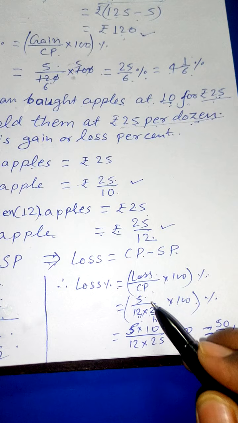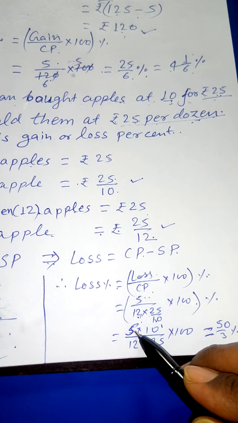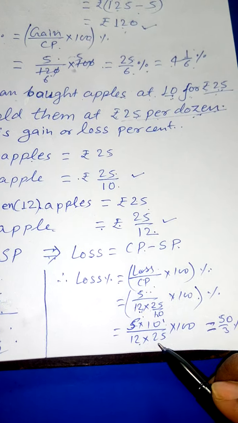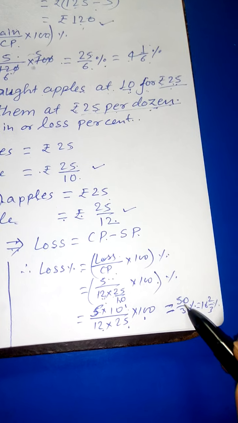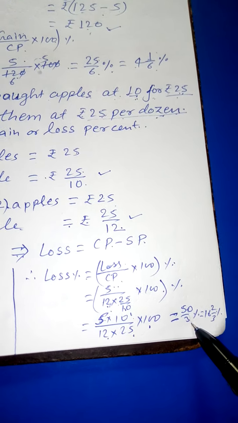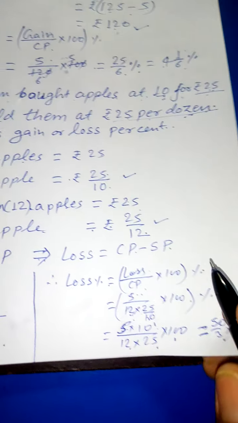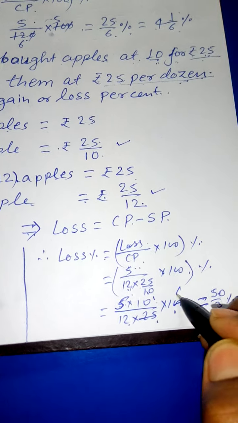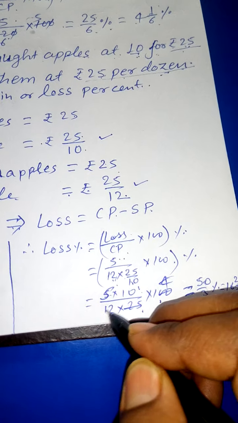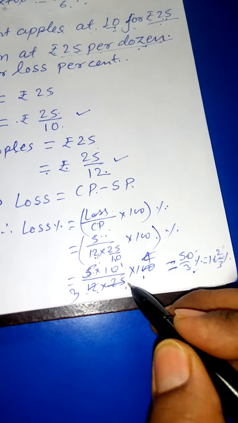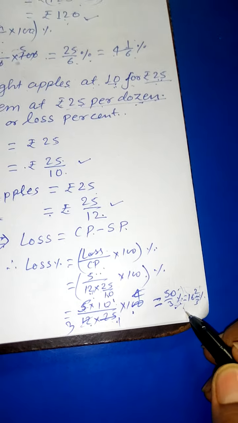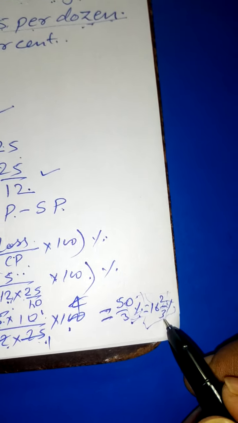This 10 is divided, so it is multiplied in the numerator: 5 into 10 by 12 into 25, into 100. That will give you 50 by 3, and that is 16 whole 2 by 3%. You can solve it: 12, 25, 4 times, 4, 3 times, 10, 5 times 50, and 3, 1 times 3. So it will be 50 by 3, that is 16 whole 2 by 3%.